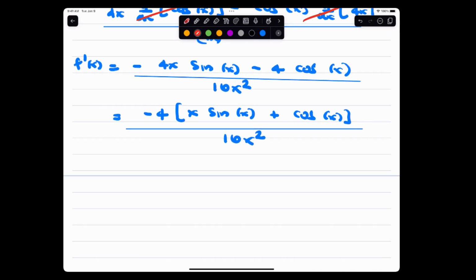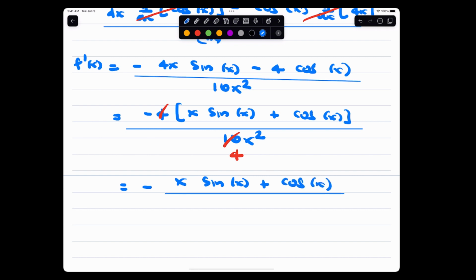And then, do the 4's go away? Yeah. So you get negative x sine x plus what? Cosine x. Now everything over what? 4x. So here's a nice factored version for you.